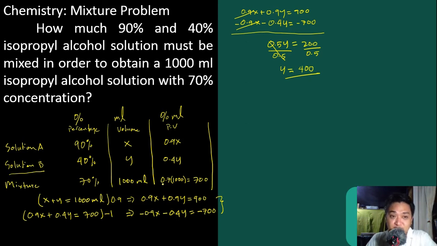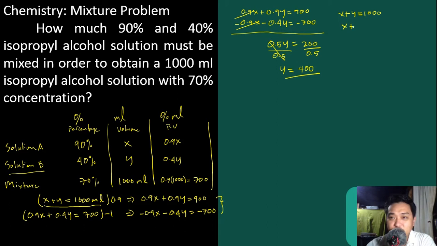na 40% solution. Syempre, ang target natin is 1,000, di po ba? So, again, we can make use of this to evaluate what will be the volume of solution A. So that is x plus y is equivalent to 1,000.